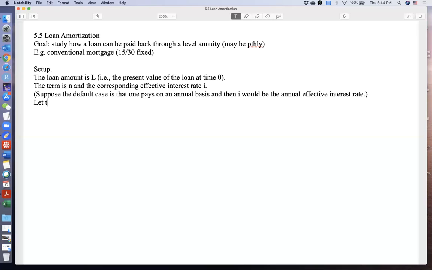So let the equal installment, or the equal payment, be denoted by X. The first thing is we are trying to use an annuity to pay back this particular loan. Mathematically, it's very easy.